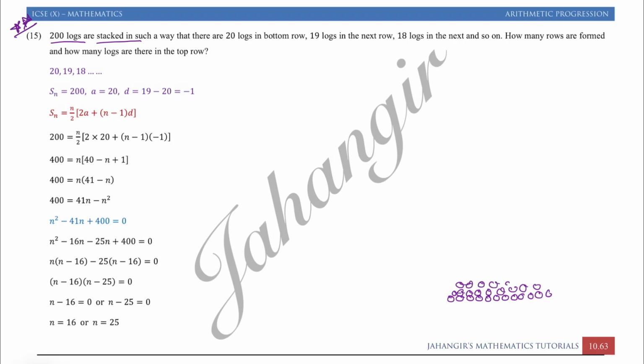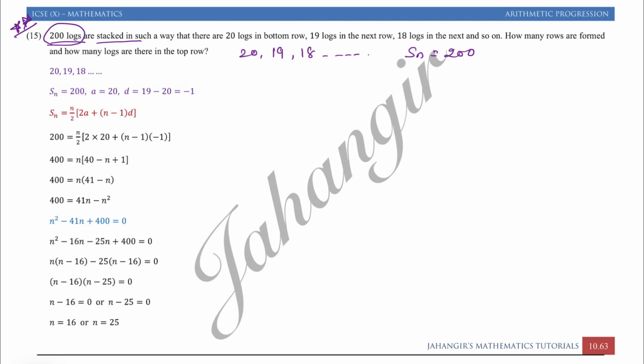Then 18 logs, and then 17, and so on. How many rows are formed and how many logs are there in the top row? We have total 200 logs. Sn is equal to 200. We don't have more than 200 logs.